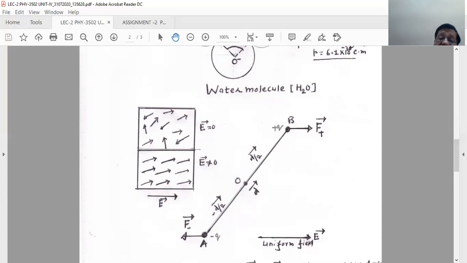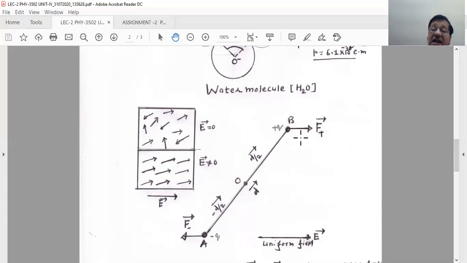The magnitude of F plus will be equal to q times the applied field E, and similarly the magnitude of F minus will be equal to minus q times E. So both forces have the same magnitude, but they are acting in opposite directions.